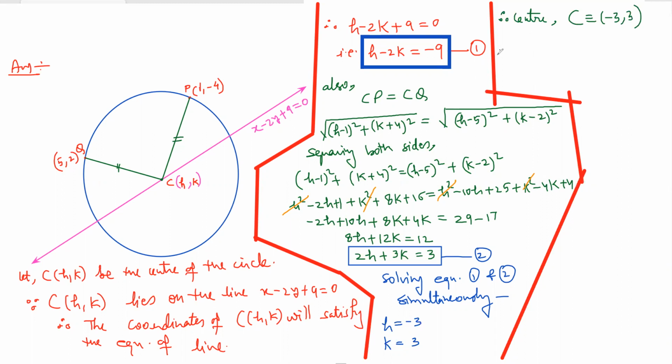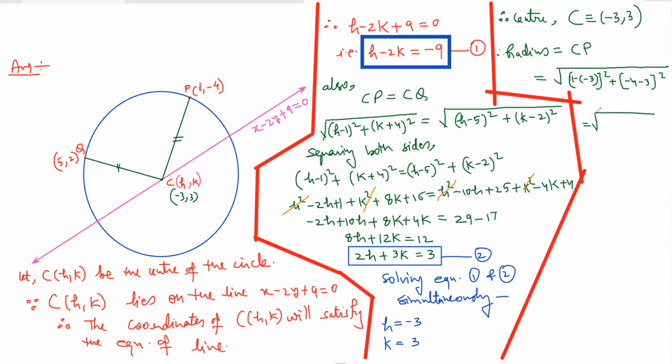Radius is CP. Therefore, radius is equal to CP, and that is equal to the square root of (x2 - x1)² + (y2 - y1)². See, this is (-3, 3).